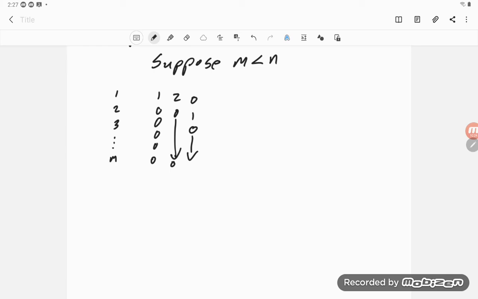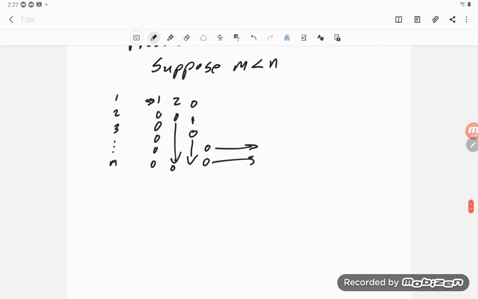Now notice that the most non-zero rows I could have, at some point I just get all zeros, and I'll be looking for these ones. Well, I could have a 1 in every row, but so the most is m.